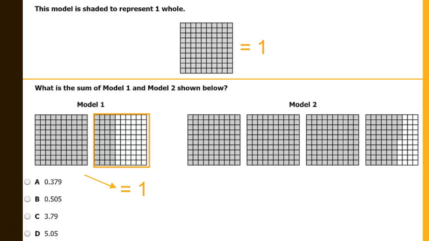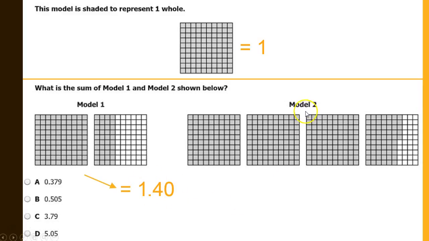Okay, so let me look here. I see, how many are filled in? I see 4 lines of 10, so 40. So it would look like this, 40 hundredths. And we're going to put those two together. So this decimal value of model 1 is 1 and 40 hundredths.